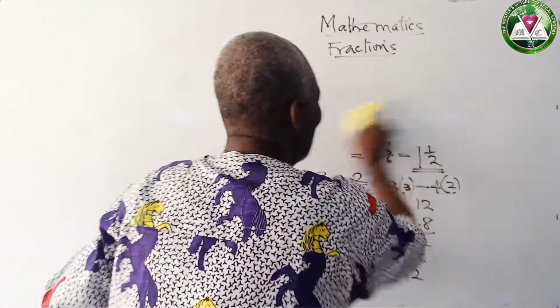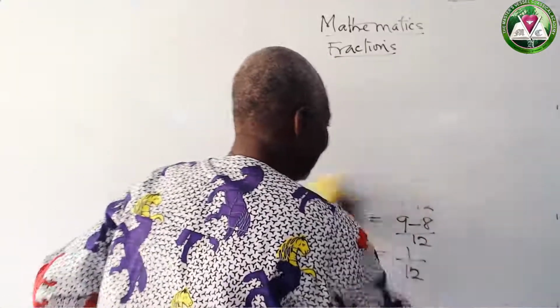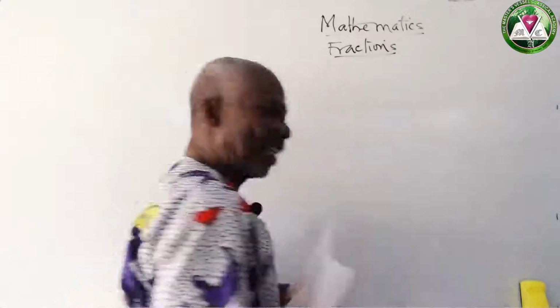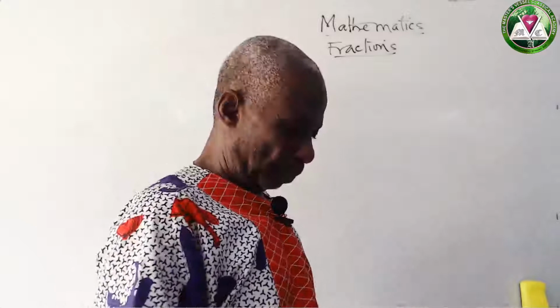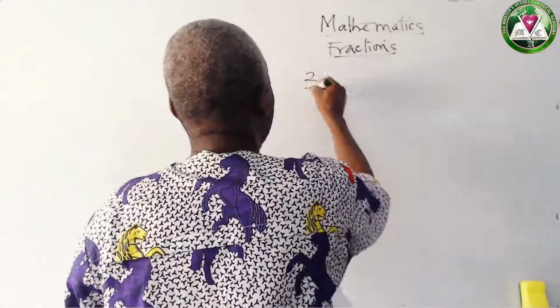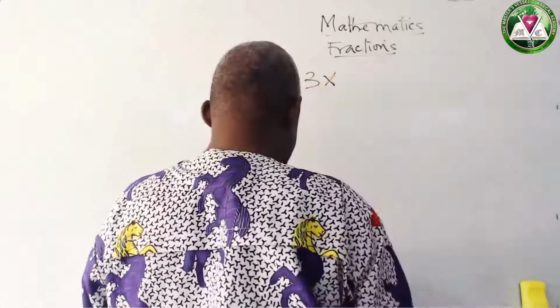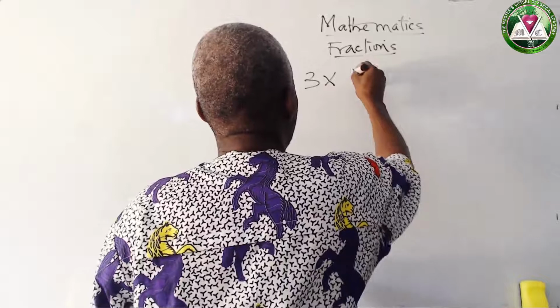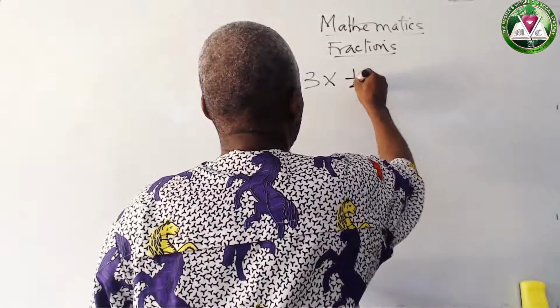Let's go to our multiplication. Our multiplication will be taken in 2 forms. Suppose I have 3 multiplied by 1 over 4.